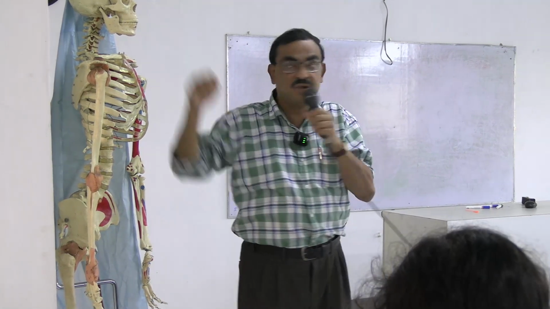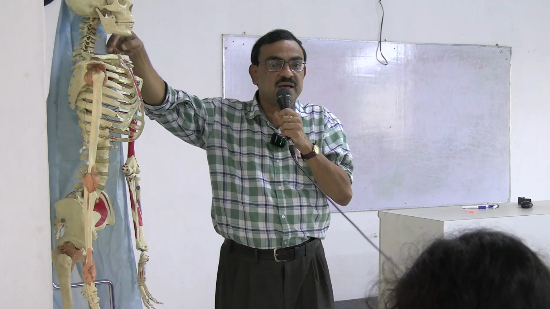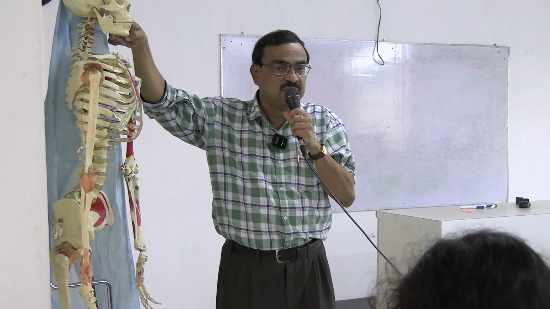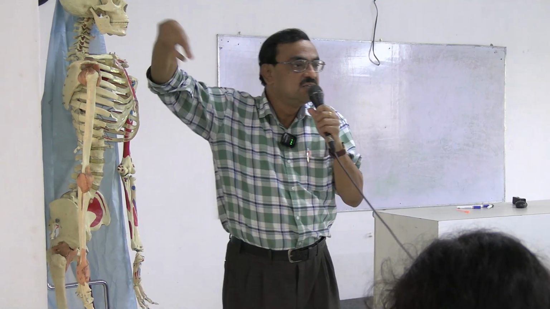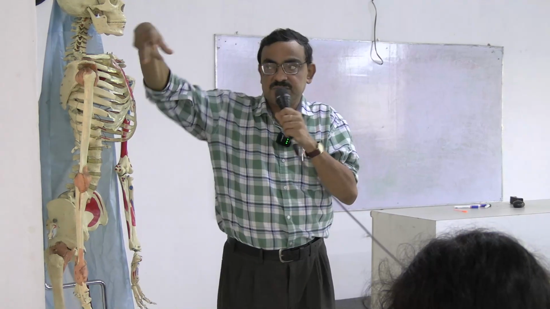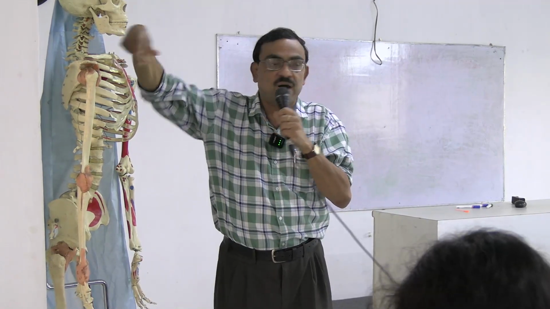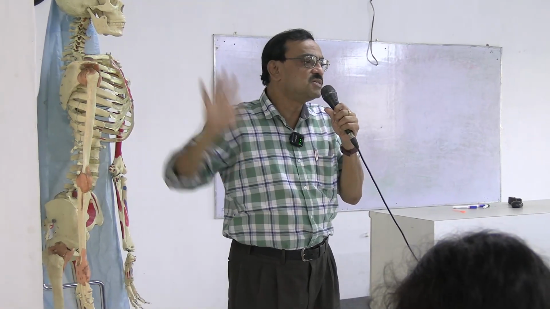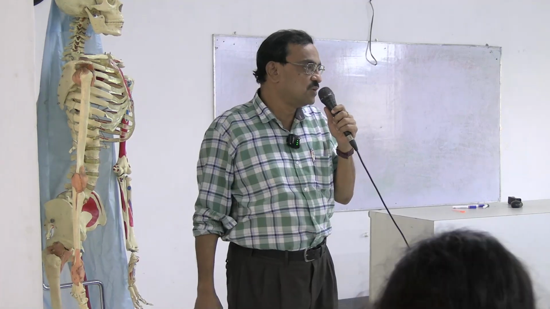The supraclavicular nerve, which is present above the clavicle, comes down and has three branches: one is the medial branch, one is intermediate, and one is the lateral branch. That is superficial, within the superficial fascia.